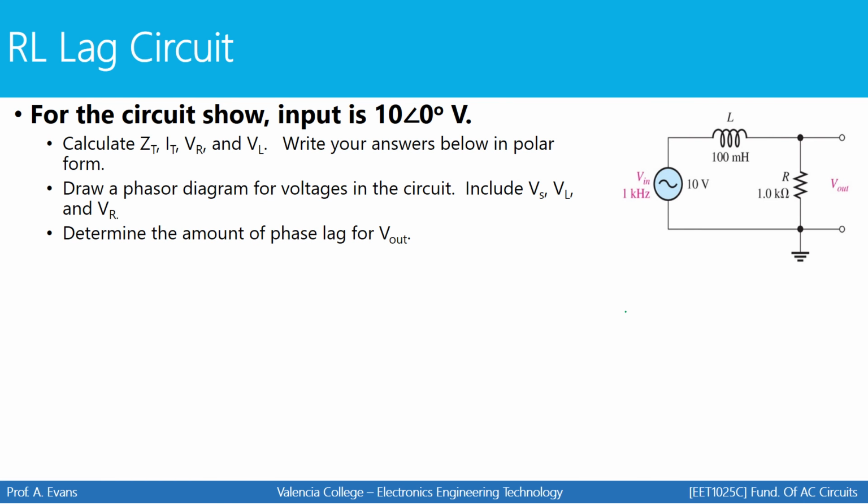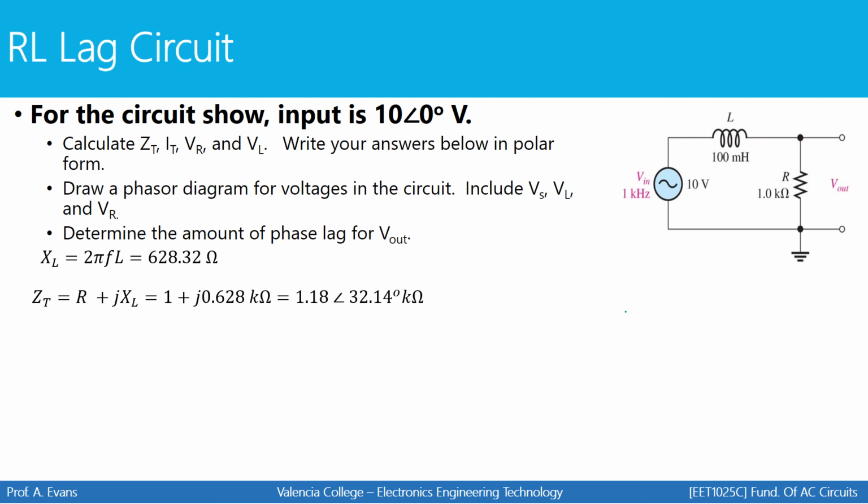So to begin this problem, we're going to find the total impedance, and in order to do that, we need to have the inductive reactance, 2 pi FL. So we're going to calculate that first, and then we're going to plug that in to our equation for total impedance, R plus jXL. And that's going to give you approximately 1.18 kiloohms at an angle of 32.14 degrees.